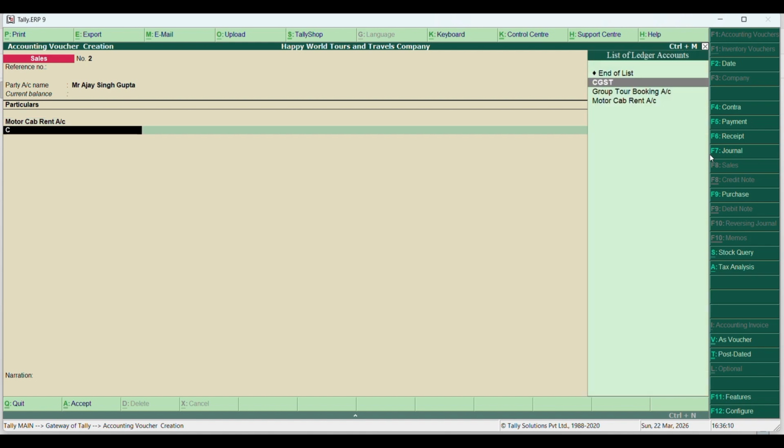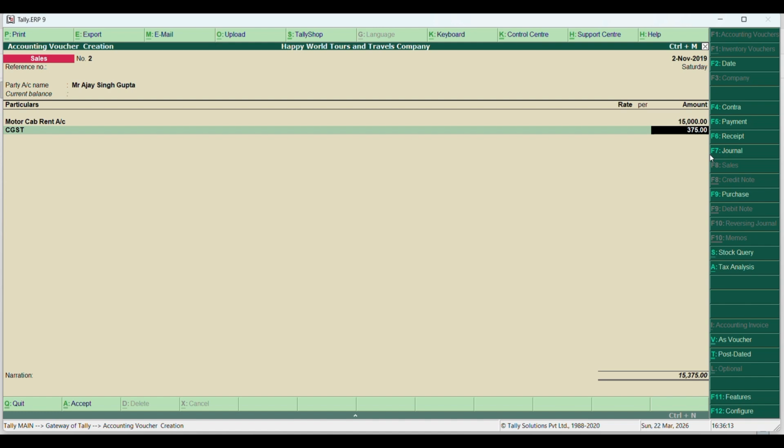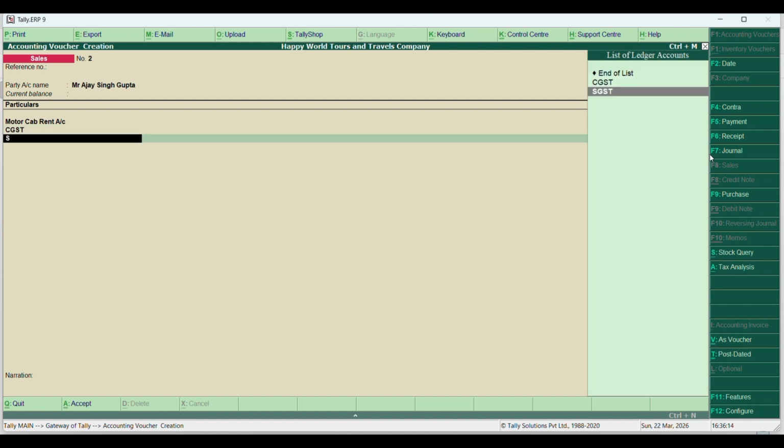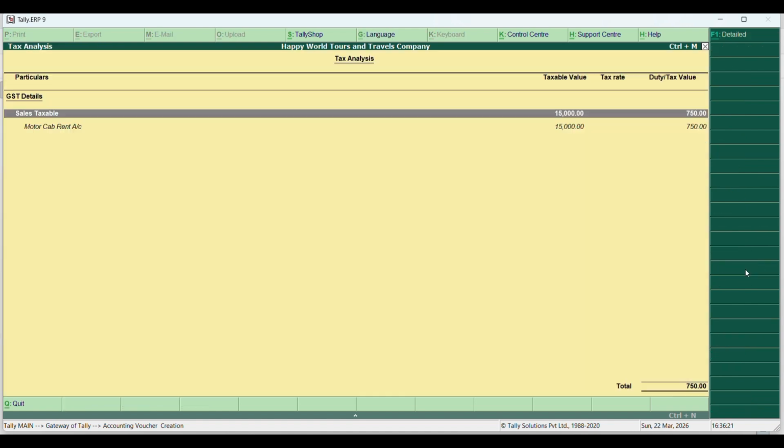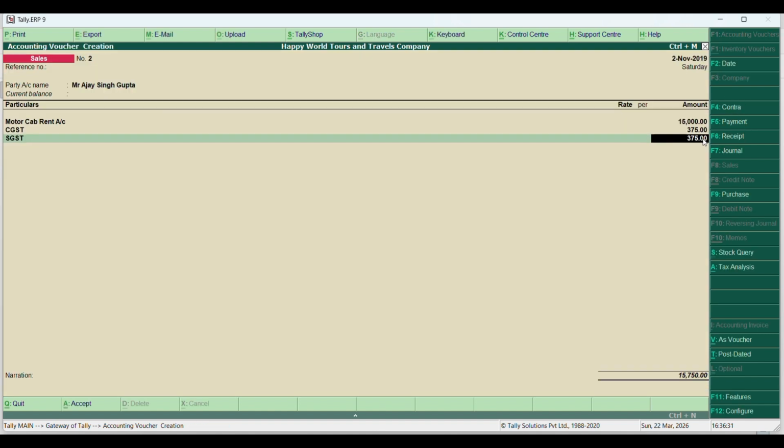We are going to give CGST and SGST. Now see, one thing I'll show you all. You can see this tax analysis. If we click here, you will see the total amount of GST applicable. So on 15,000, if I give 5% of GST, this is 750, and then it is divided automatically, 375 CGST and SGST.